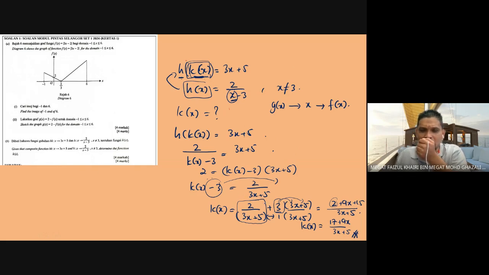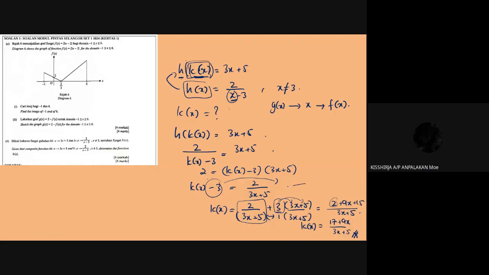Which step is not clear then? Oh, the one. Step 1, 2, 3, 4. 2 over k(x) minus 3 equals to 3x plus 5. Oh, this one. If they give k(x), then you must have it equal to x, then substitute into f(x).